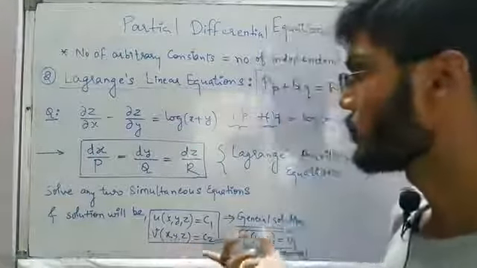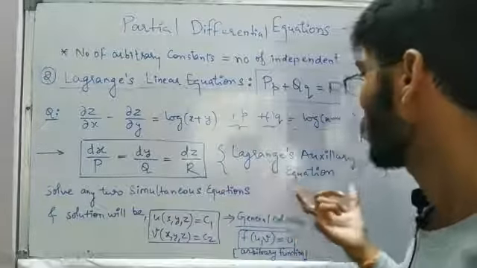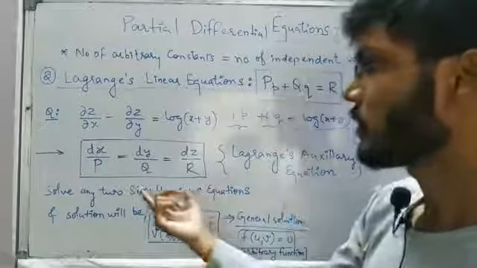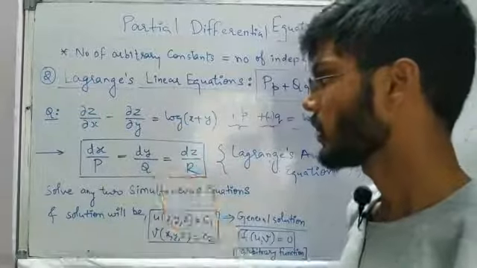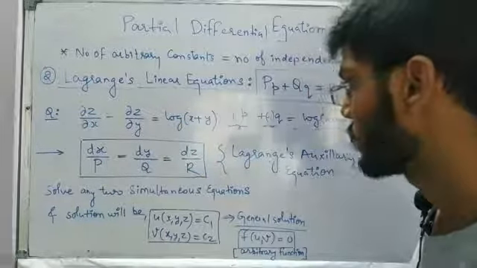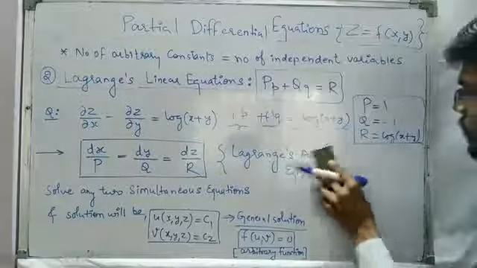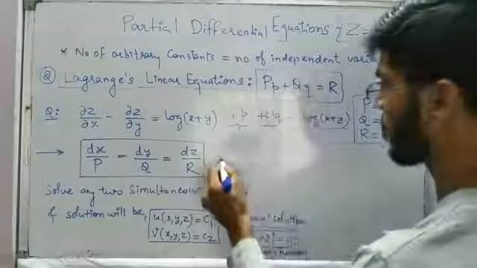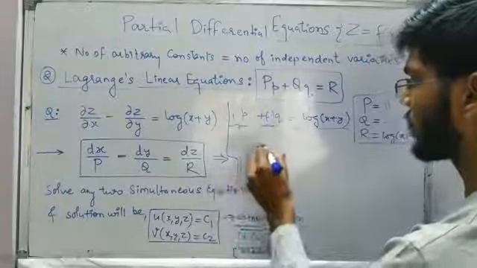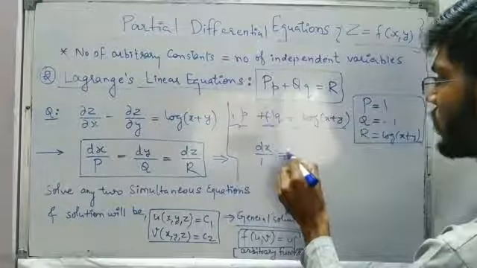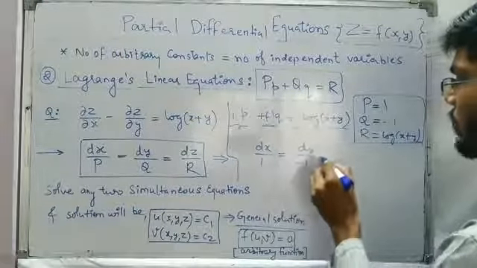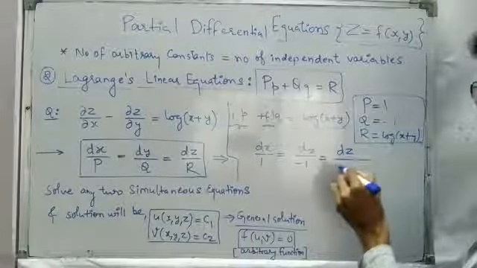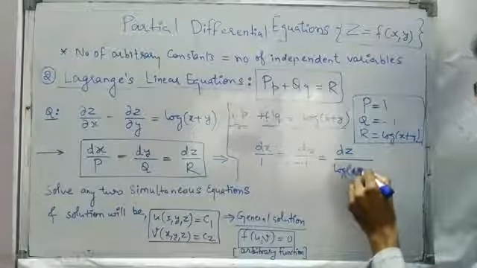So how are you going to do that? We have Lagrange's auxiliary equation. You have to write it in the format dx upon capital P, dy upon capital Q, and dz upon capital R. So put the values of P, Q and R over there. So from here we have dx upon P, P is nothing but 1, dy upon Q, Q is nothing but minus 1, and dz upon R, R is nothing but log of x plus y.